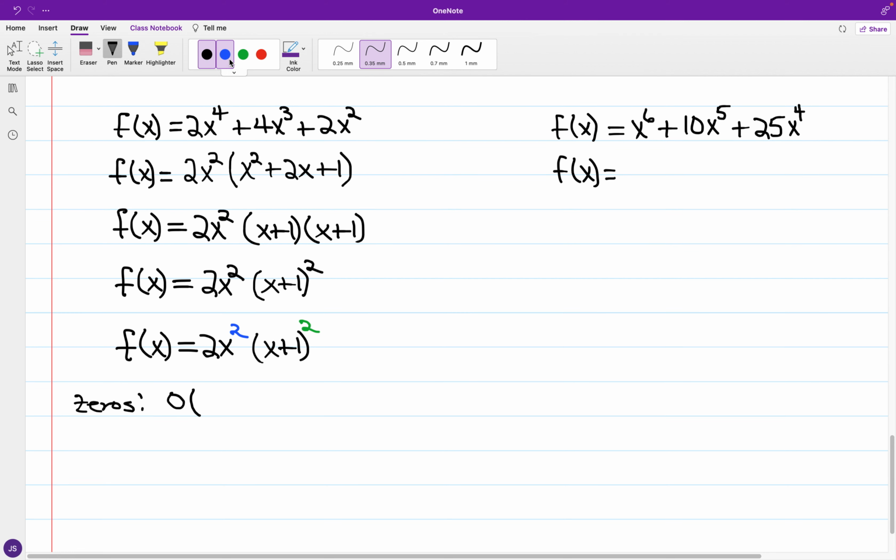And since we have x squared, 0 has a multiplicity value of 2. For x plus 1, the corresponding zero is at -1. And since x plus 1 is squared just like x, -1 also has a multiplicity value of 2.